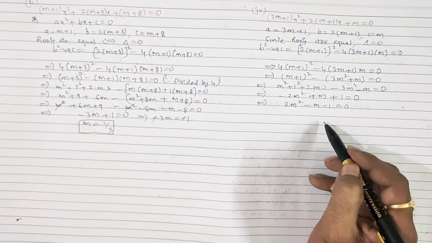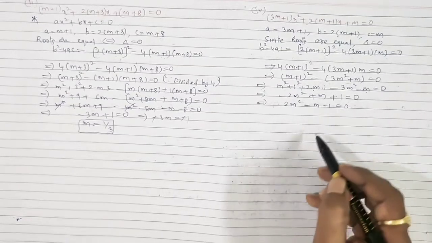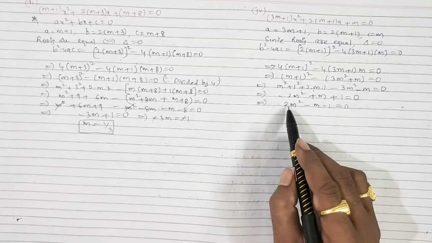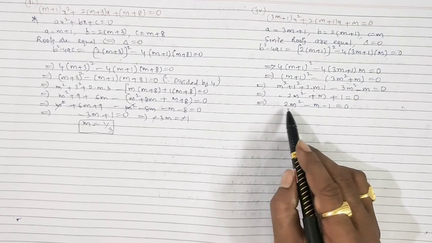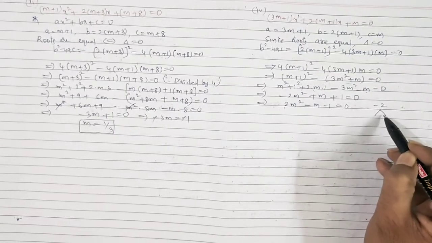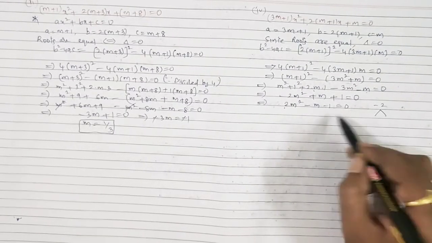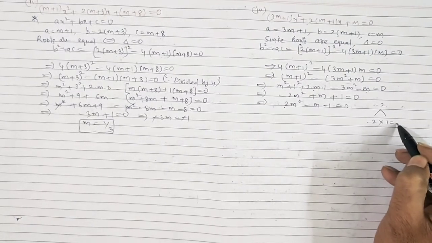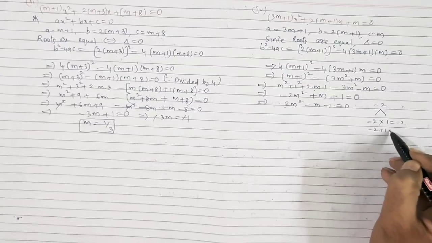Now if you factorize this quadratic equation, you will get the m value. Here the coefficient of m square is 2 and the constant is minus 1, so 2 into minus 1 is minus 2. By product you have to get minus 2 and by sum you have to get the m coefficient, that is minus 1. Clearly it is minus 2 into 1 is minus 2, and minus 2 plus 1 is minus 1.